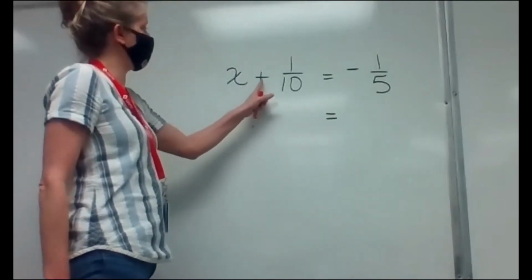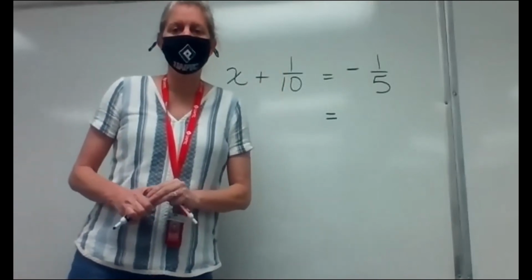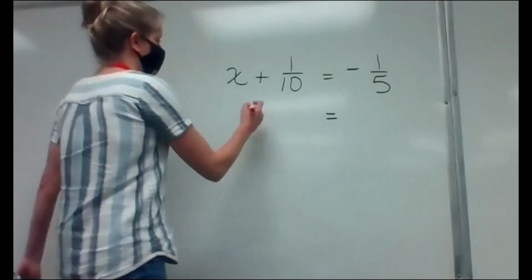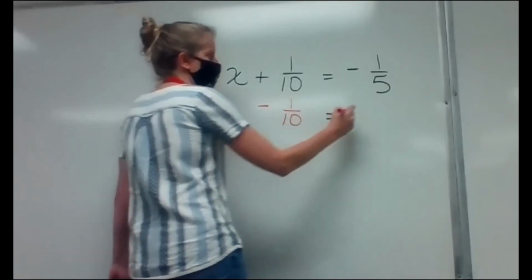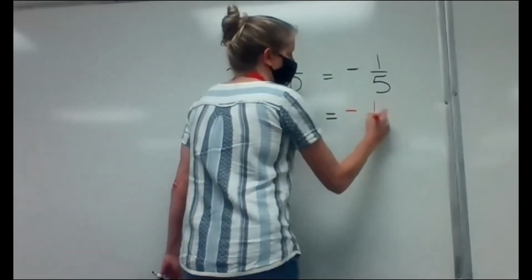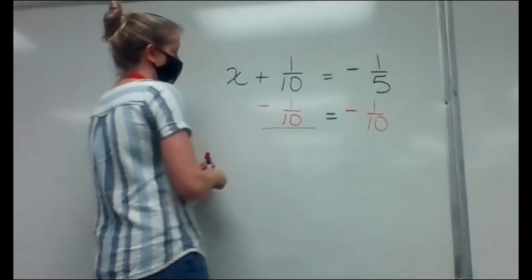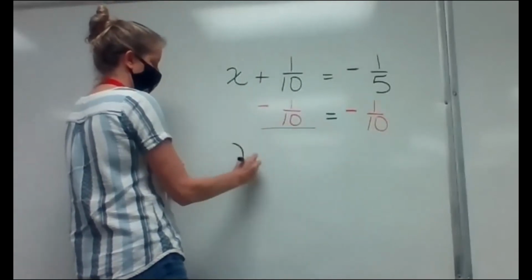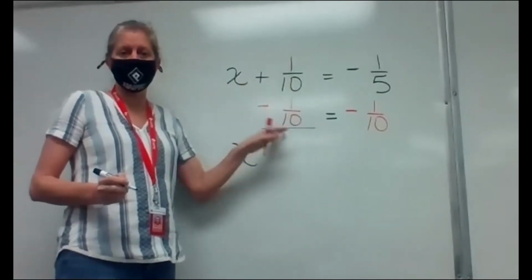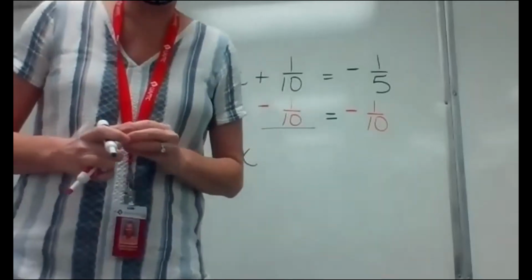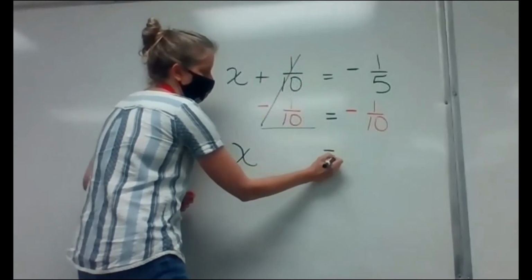I would need to get rid of plus 1/10 with a minus 1/10. If I do it on this side, I have to do it on this side. Okay, bring down my x. This side's not bad, right? I just canceled out the plus 1/10 with the minus 1/10. So that's just gone. Here, bring down my equal symbol.